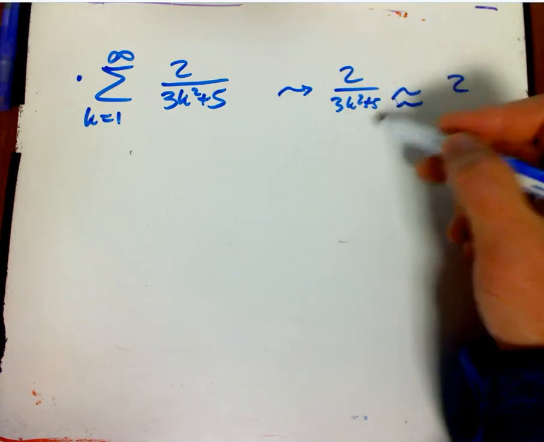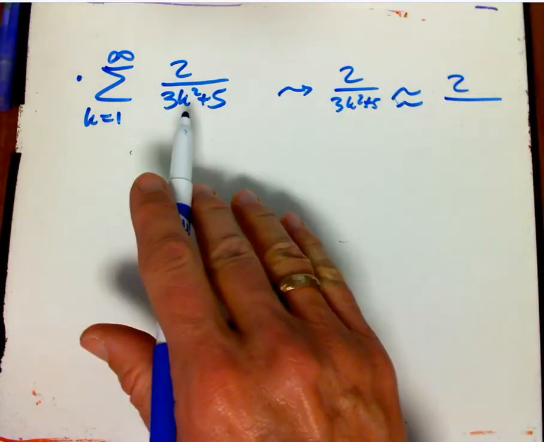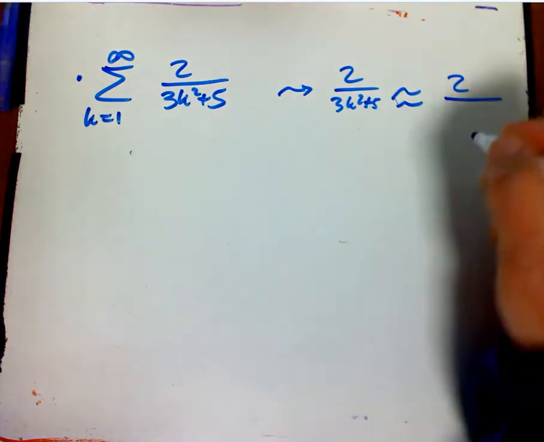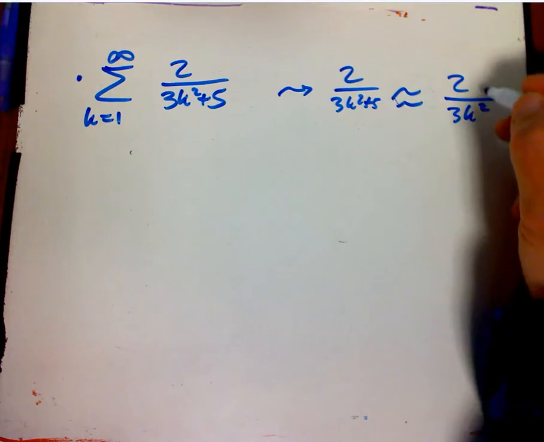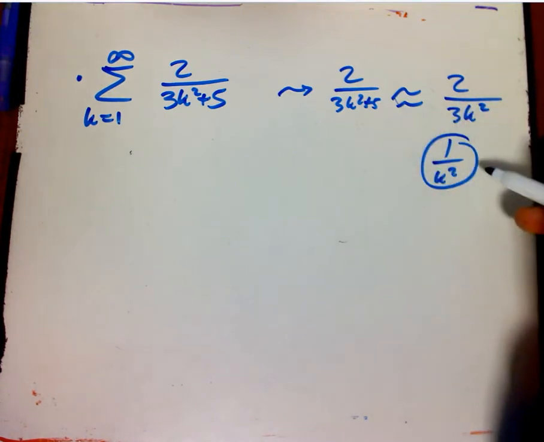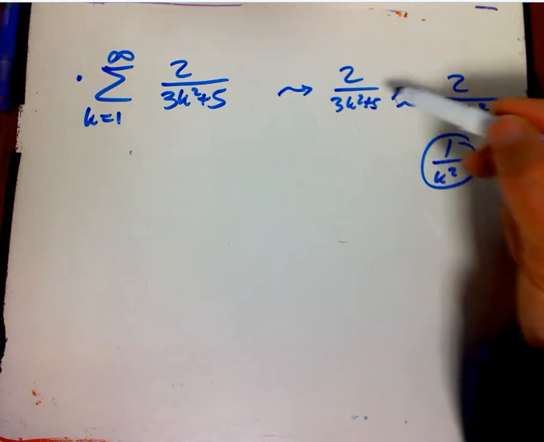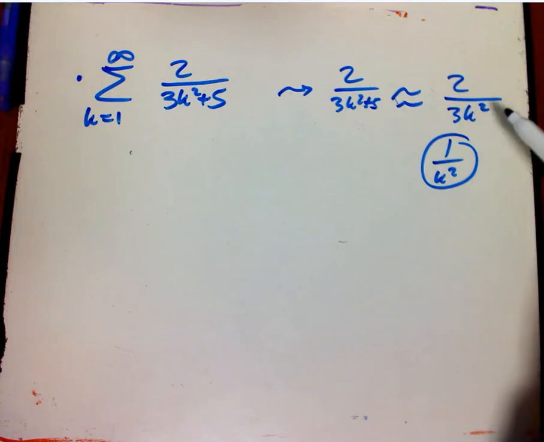When k is big, and this is the name of the game, what happens as k goes to infinity? I tend to like k better. I was writing it with n's because the book writes with n's, but I like k as a dummy variable better. Okay, that's approximately that. Well, the basic thing here is that it's a constant multiple of 1 over k squared. This is very similar to the reason we've always had for limits at infinity: the highest degree term in any kind of polynomial expression dominates.